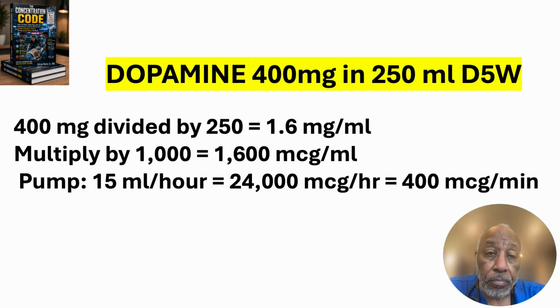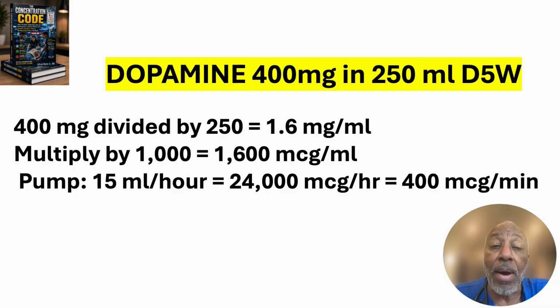Let's take a real IV bag, for example. Dopamine is commonly mixed as 400 milligrams in 250 milliliters of D5W. To find the concentration in milligrams per milliliter, you divide 400 by 250, which gives you 1.6 milligrams per milliliter.